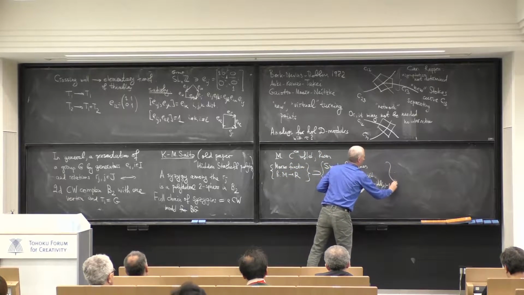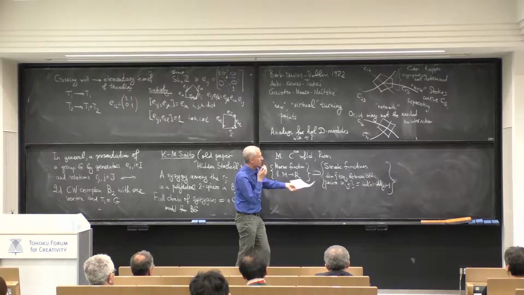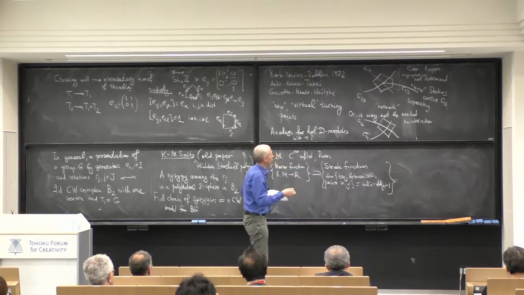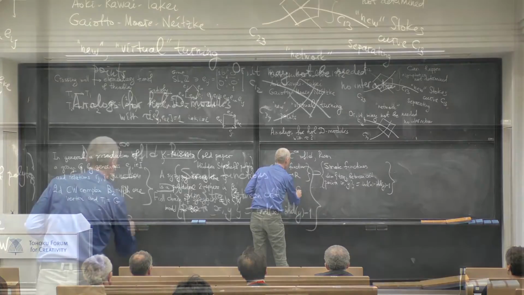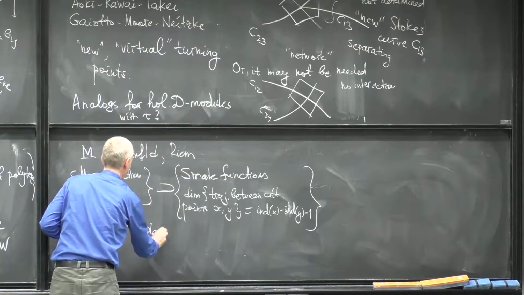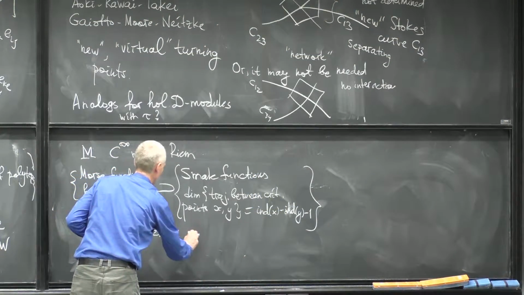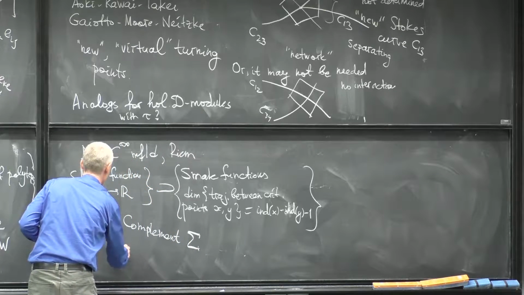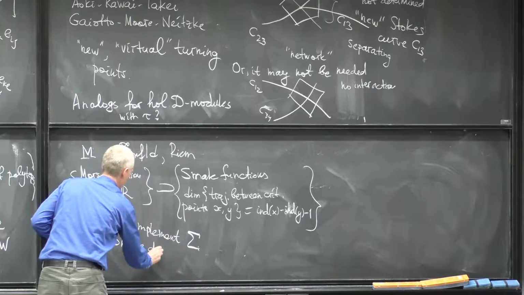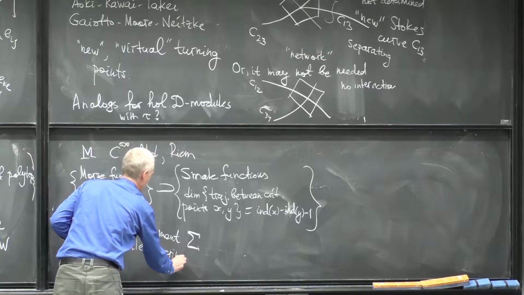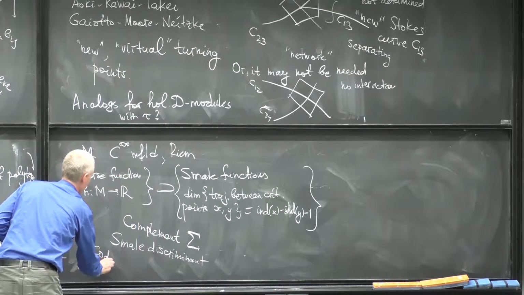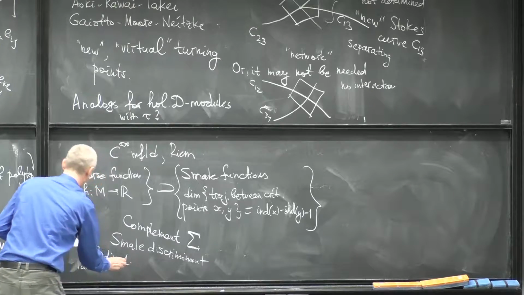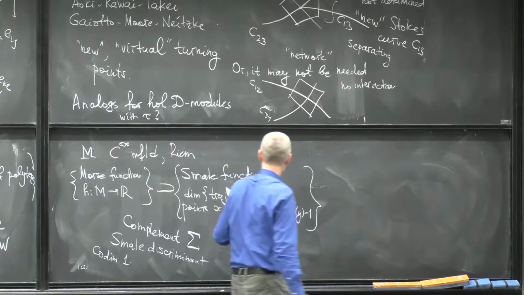So in particular, for a real part of a holomorphic function, this will be 0 always. Generically, there should be no trajectories. So the complement is the so-called Smale discriminant. It's an object of codimension 1. It's a certain system of walls.